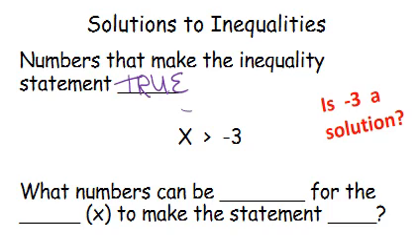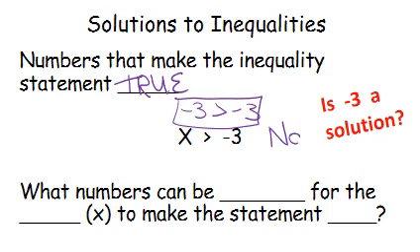If I put negative 3 in for x, is this a true statement? Negative 3 is greater than negative 3. Is that true? No. Negative 3 is not a solution to this inequality.